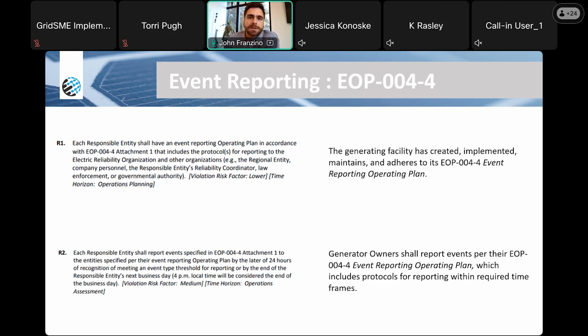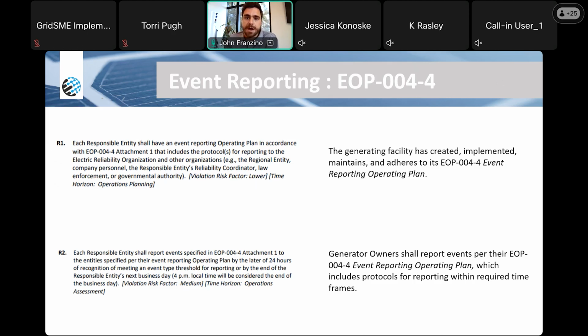Obviously, when we're talking about applicability to the GO, generator owner, that is associated with the actual generating facility, and if any event that meets the reporting threshold happens there, and the applicability for the generator operator is associated with the control center and that facility if any event happens there.